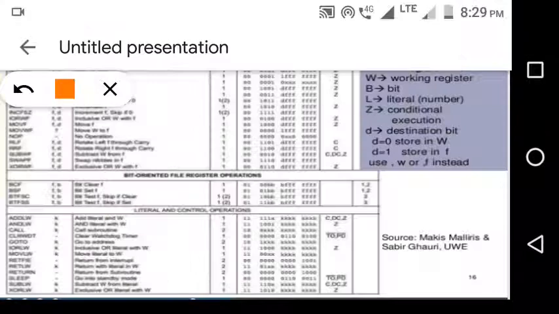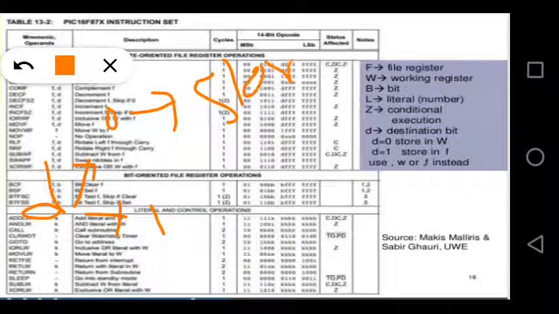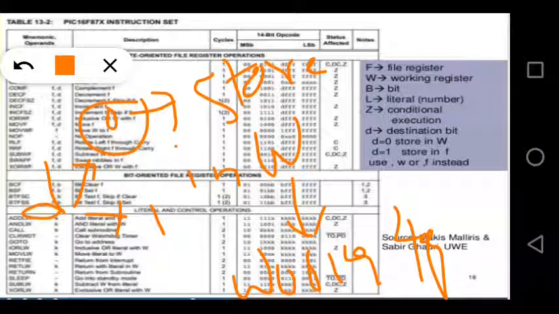So small d can take two values, 0 or 1. 0 means store in W. W stands for working register. If d means 0, store the result in working register.